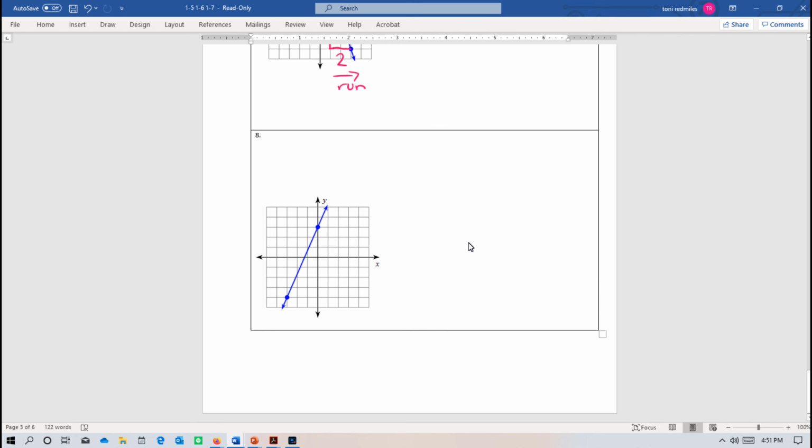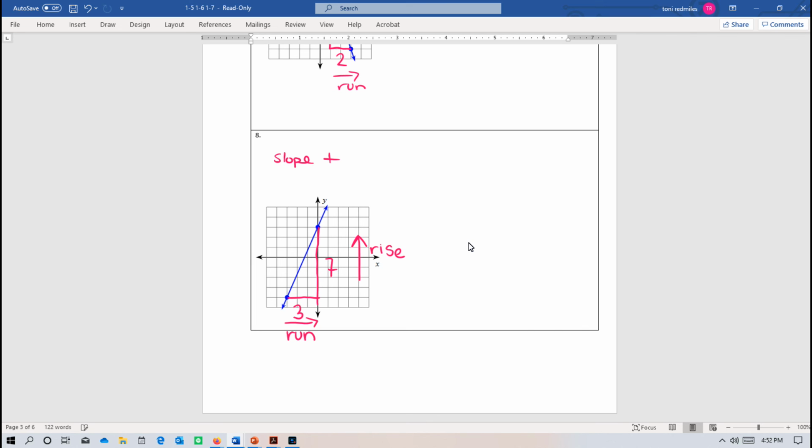Last one. So from left to right, the line is increasing. It's going up. So my slope is positive. All right. And in the run direction, I have 3. And in the rise direction, going up, I have 1, 2, 3, 4, 5, 6, 7.